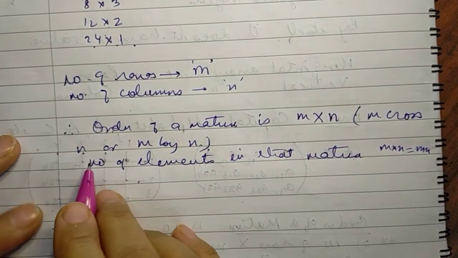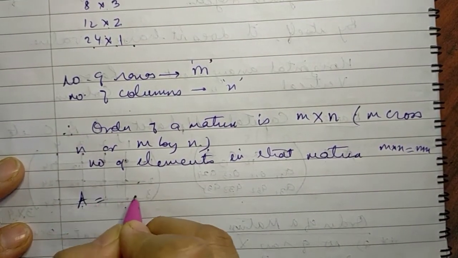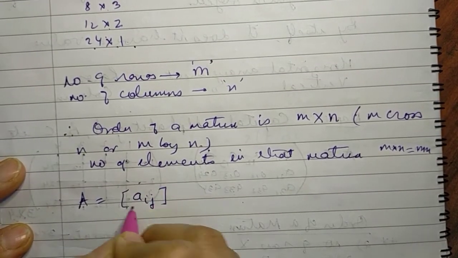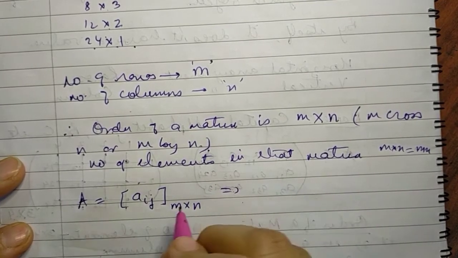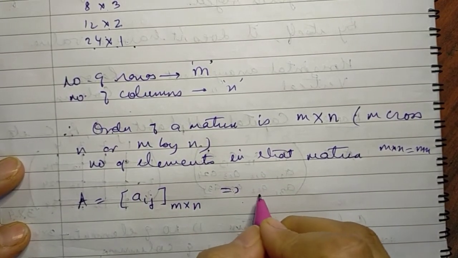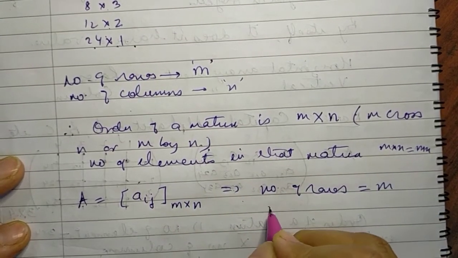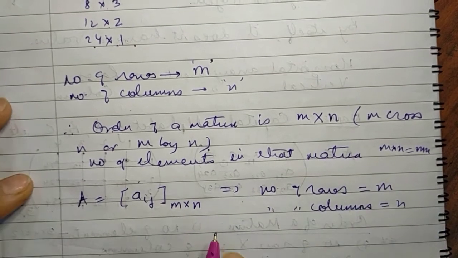Now another way of writing, sometimes we also write A as [aij] and within square brackets you write m by n. This means that the number of rows in this matrix is equal to m, and the number of columns is equal to n.